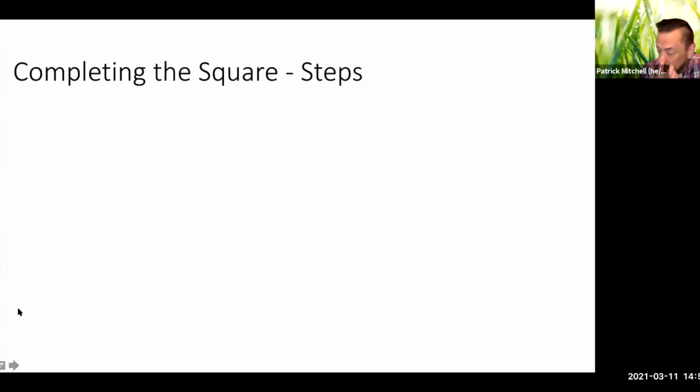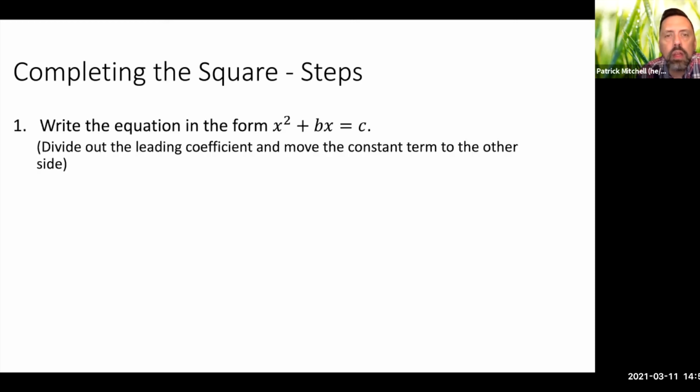Okay, so here are the steps to completing the square. We're going to do 4 examples of this. Step 1, we're going to write the equation in the form x squared plus bx equals c. So let me tell you what's involved with that. First of all, if there is a leading coefficient other than 1, you want to divide that leading coefficient out.